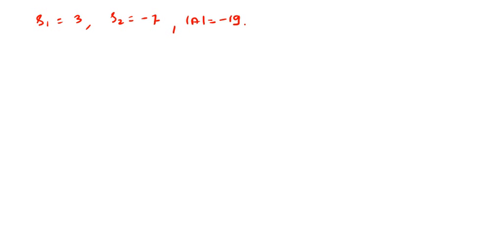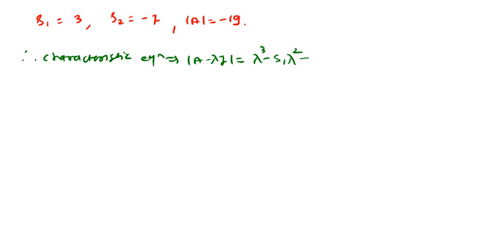So finally, therefore, we can write the characteristic equation, that is determinant of A minus lambda I. For a 3 by 3 matrix, it is lambda cube minus S1 lambda square plus S2 lambda minus determinant of A equal to 0.